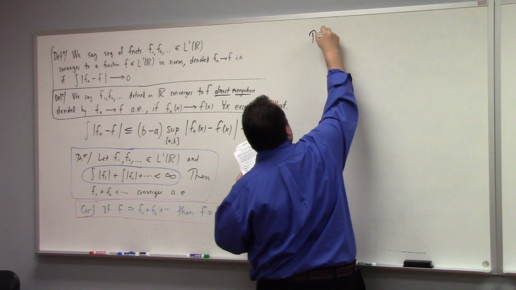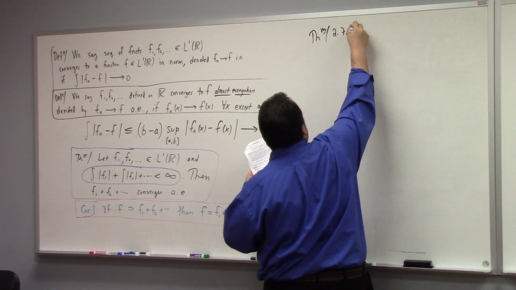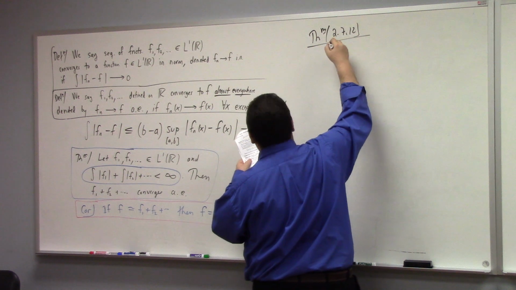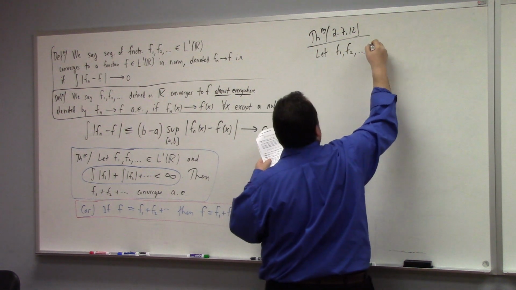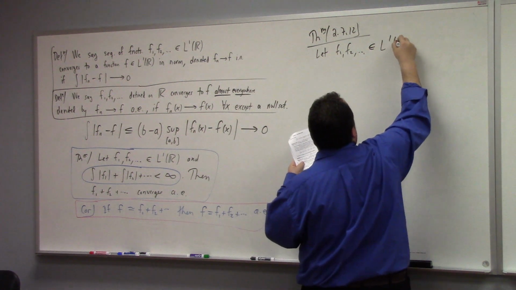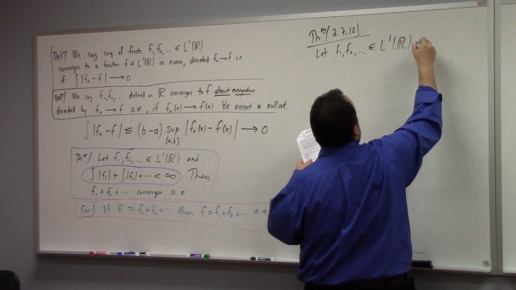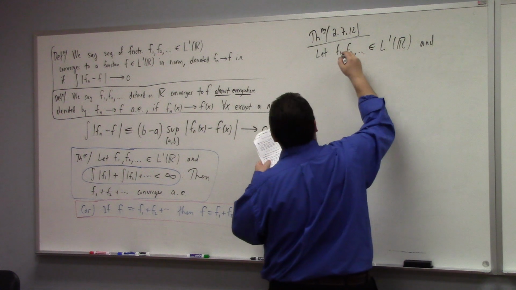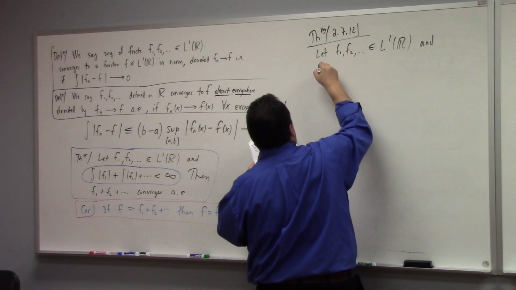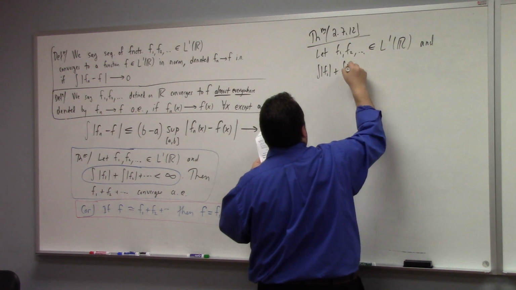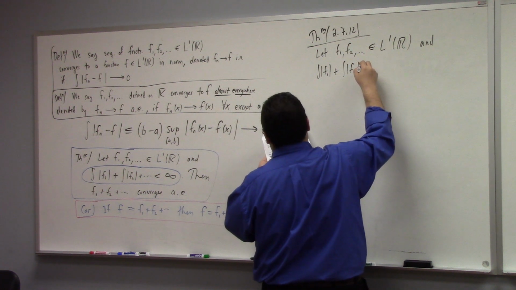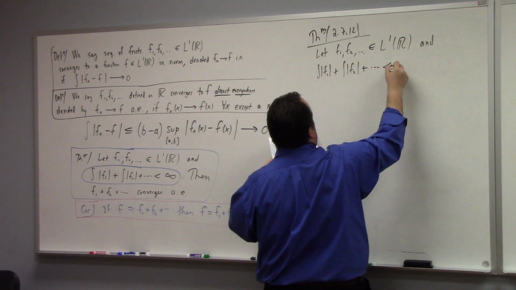Theorem 2.7.12. Here we go. Let f1, f2 and so on be Lebesgue integrable, and suppose they're nice in the sense that the integrals of their absolute values sum up to something less than infinity.